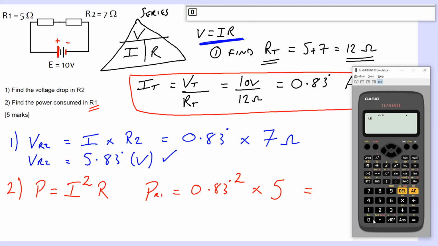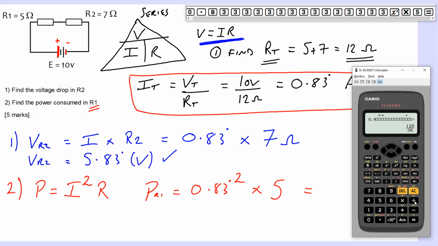So do 0.8 all 3s squared times 5, which gives me 3.472 recurring, and because it's power it's going to be in watts. 3.472 recurring watts.